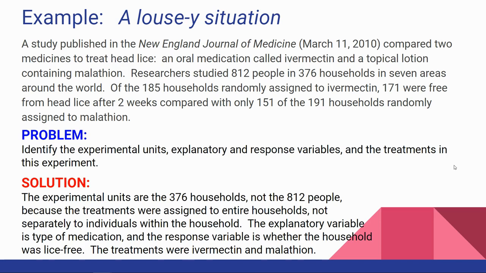They applied the medicine to the entire household. The households just contained 812 people in total. So the household is the experimental unit, because the treatments were assigned to entire households, not separately to the individual people. The explanatory variable is which type of medication they used, and the response is whether or not the household was lice-free.